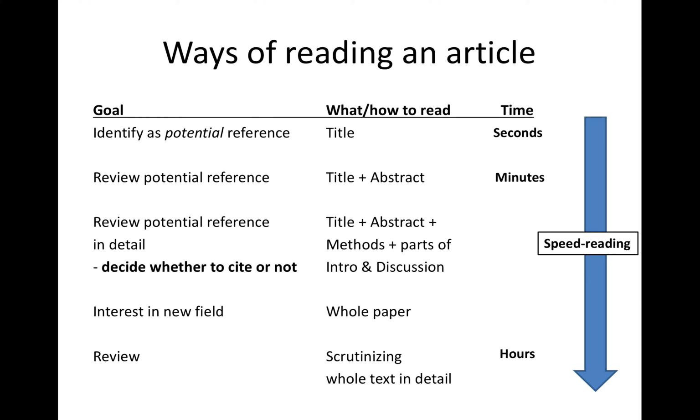And depending on your goal, you can read scientific articles in different ways, and these different ways take different amounts of time. First of all, if you just want to identify whether something could be a potential reference that you may want to cite in the future, you would typically start by reading just the title. And that typically takes seconds, up to 10 seconds maybe.